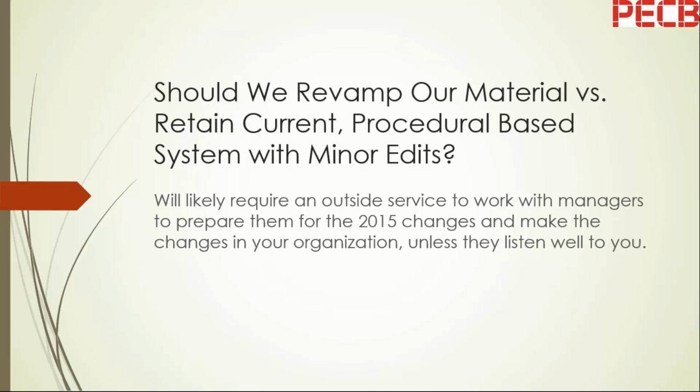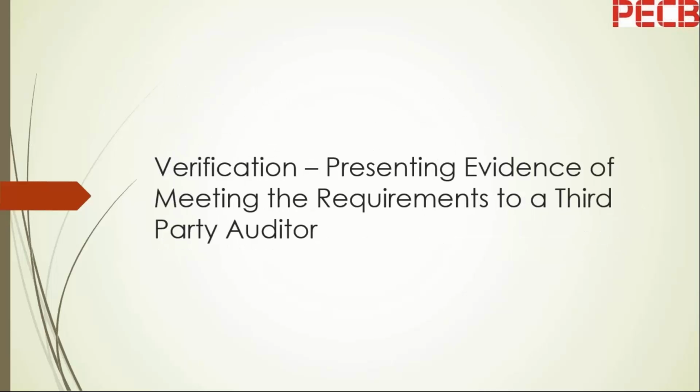I really encourage you, revamp your system. The only thing that you have to have is that risk control table and the documents that are used to mitigate those risks. Those are the only documents that you are going to need in your quality management system.